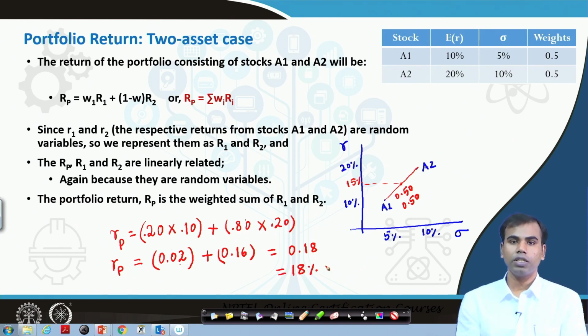So, this is how you can change the return by changing the weights associated with each of the investment avenues that you have.